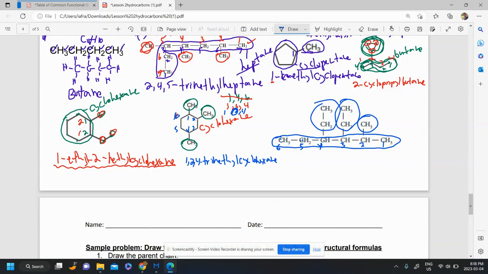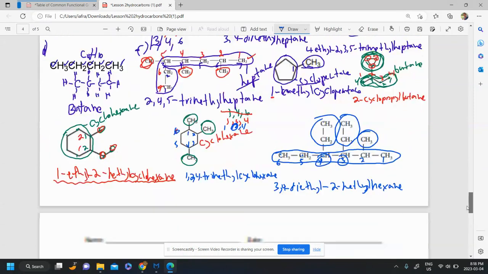So now we're going to name our substituents, starting in alphabetical order here. So we have a 3,4 diethyl, and then we have a 2 methyl, and then we have 6 in our parent chain, hexane. And that's our final example for naming.